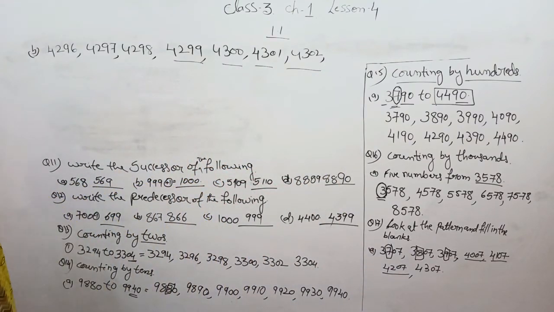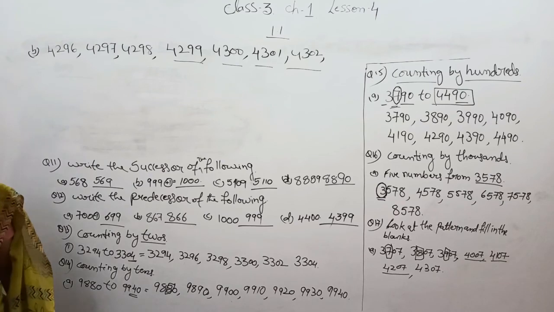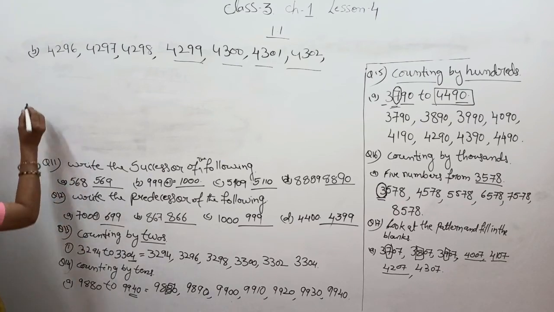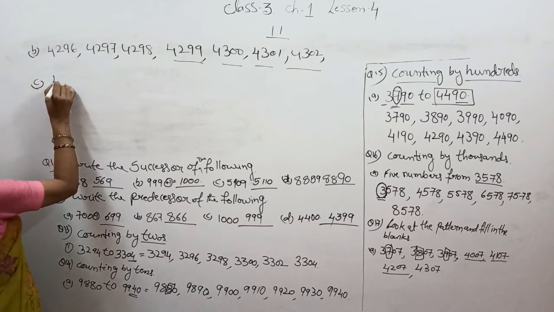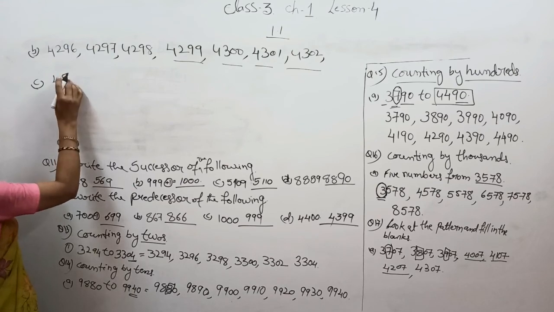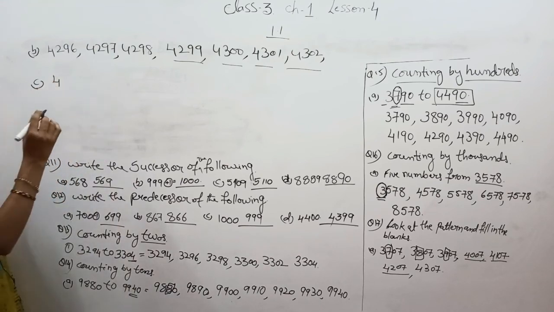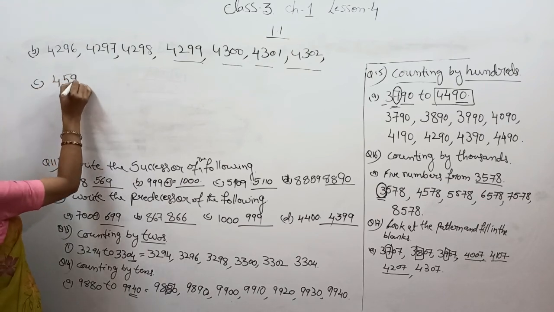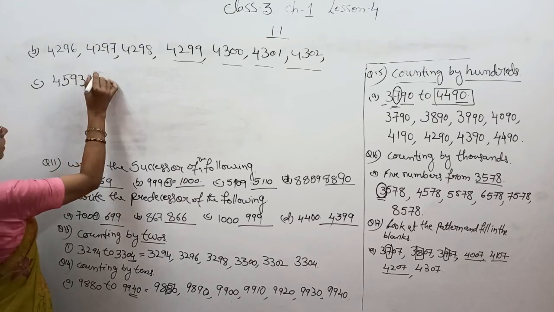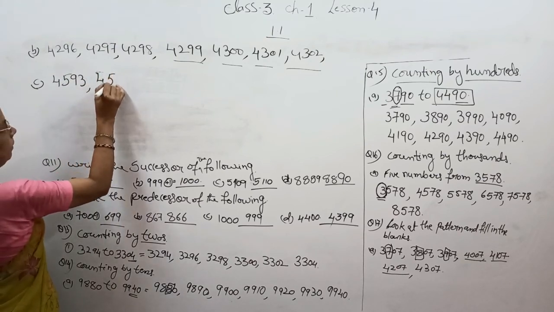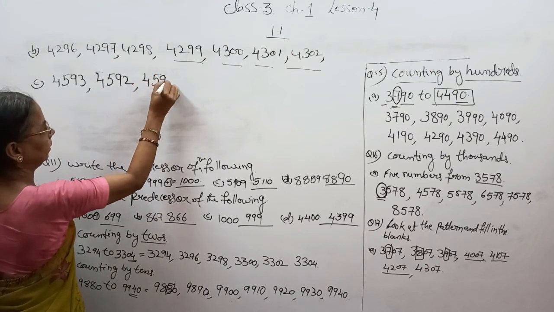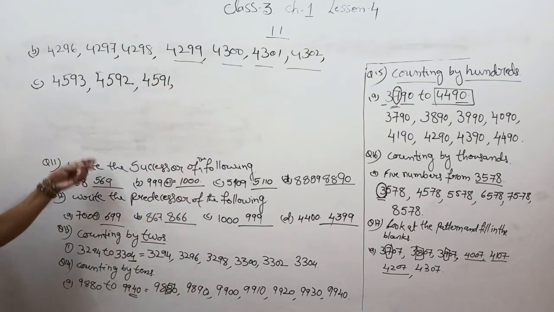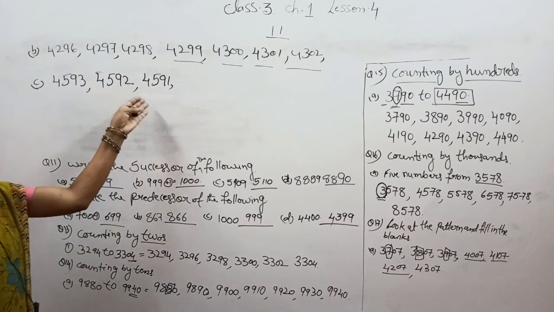Now the third and last question in this exercise, that is C, 4593, 4592, 4591. In this question the numbers are reversed.